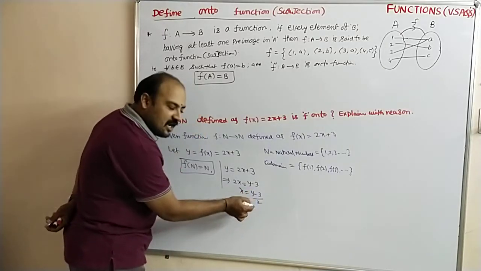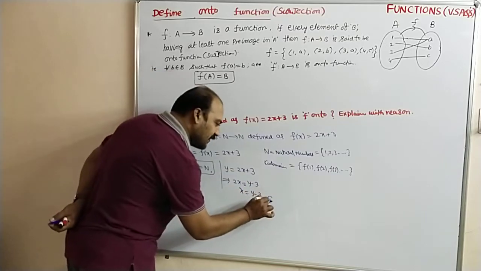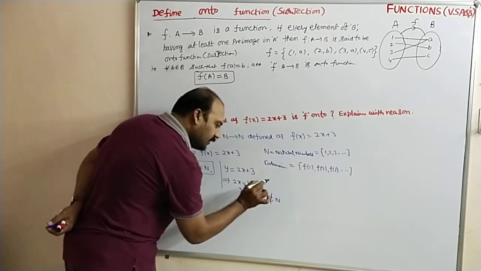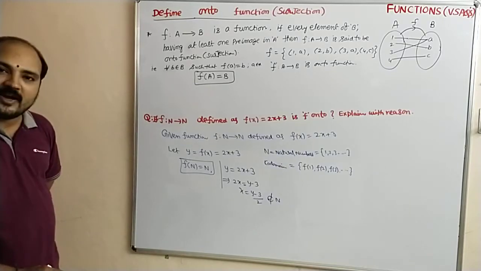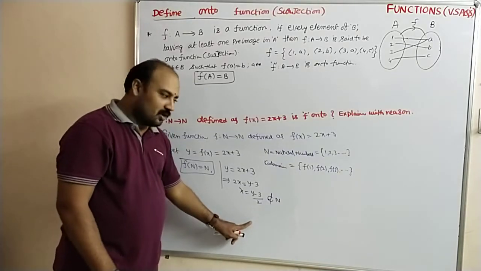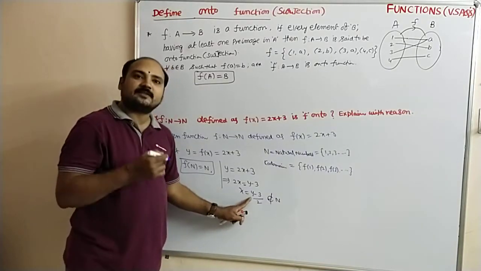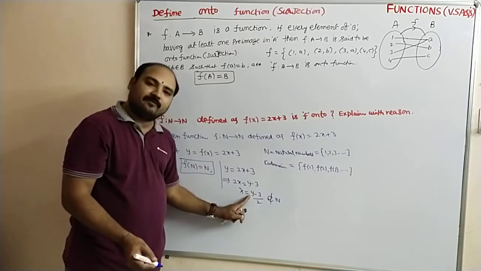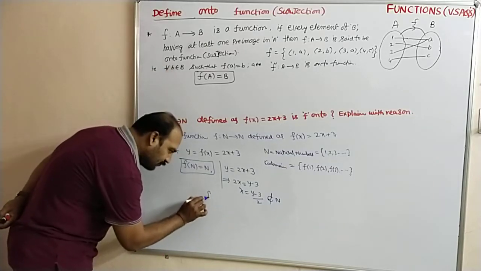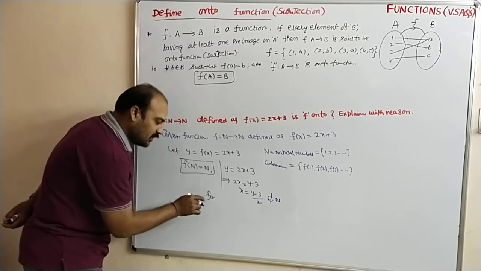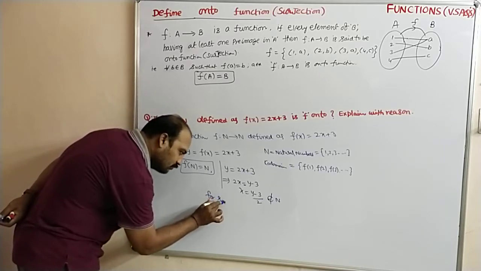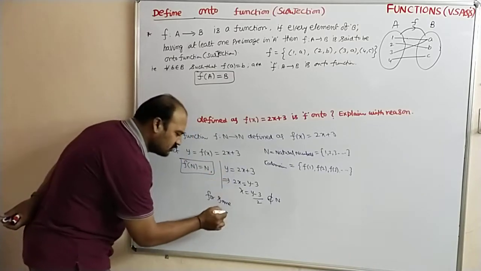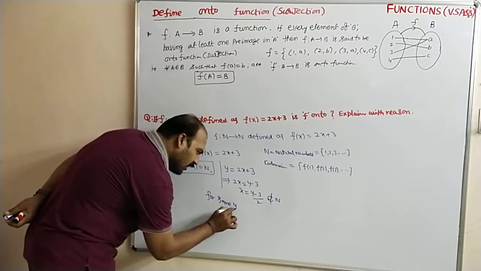This (y - 3)/2 is of p by q form. This value does not belong to N. x = (y - 3)/2. For some y value, this is the explanation here.